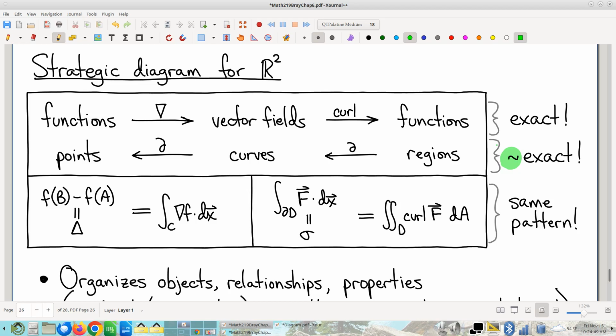But close enough in the sense that it can be fixed, and to whatever extent it's a problem is not something we're going to worry about in this class. In the following sense, if you have a 2-dimensional region and you look at its boundary curve, now I appeal to your geometric intuition. If you have a boundary curve of a 2-dimensional region, the boundary of that curve is nothing.